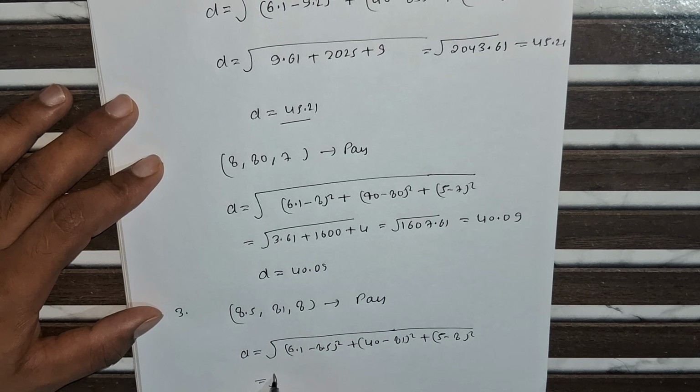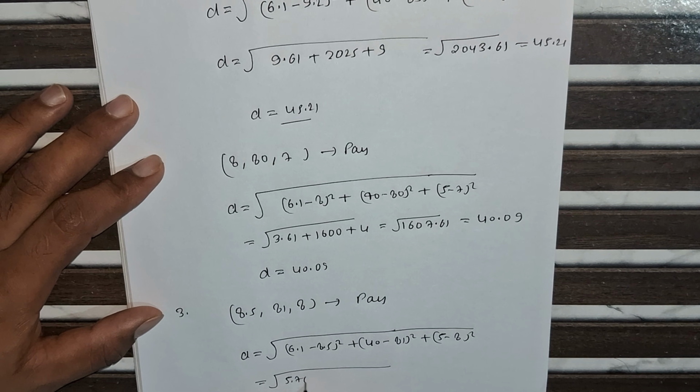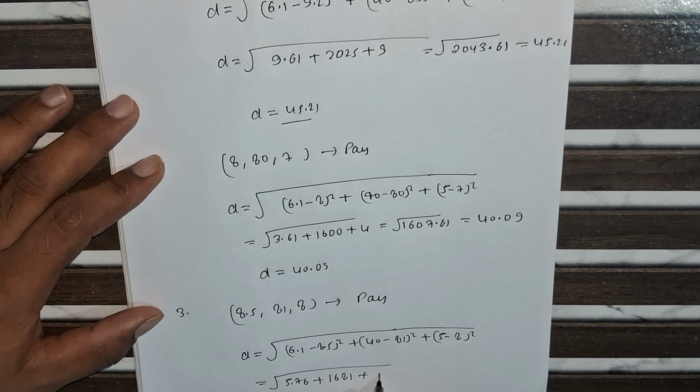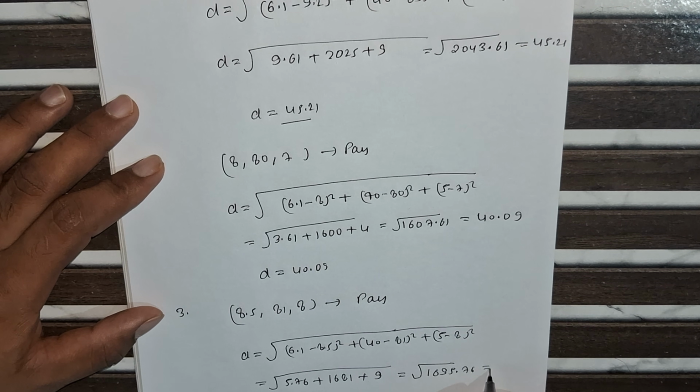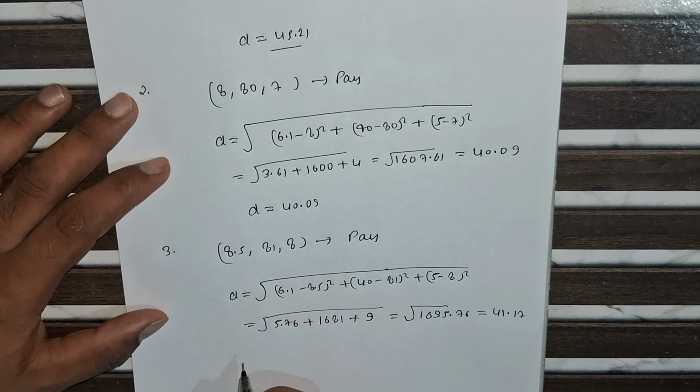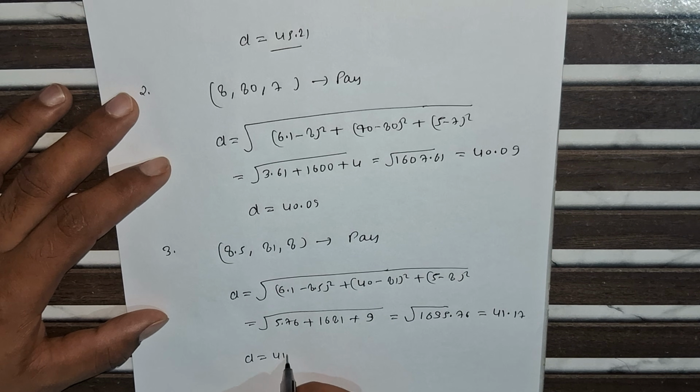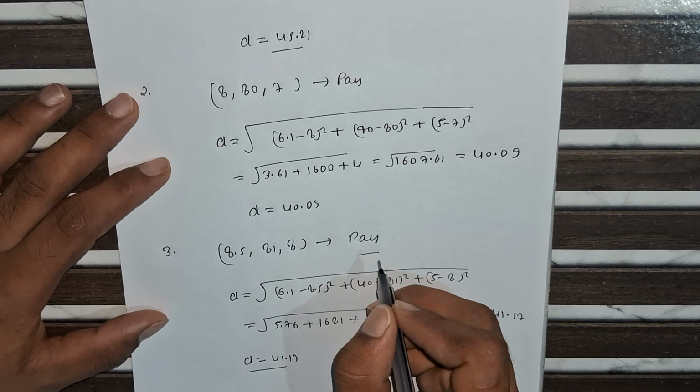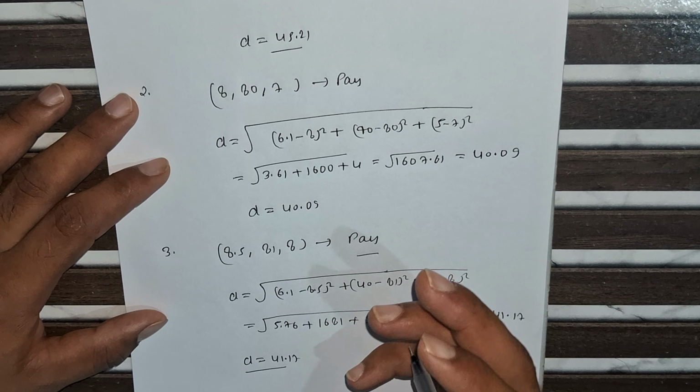So when you calculate, it becomes 5.76 plus 1681 plus 9, which is equals to under root 1695.76, which is nearly equal to 41.17. This is our d equals to 41.17 for pass. So here our 3 passes are completed, which are given in this question.